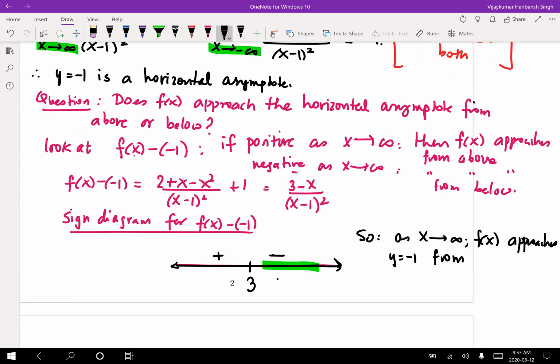Whereas as x goes to negative infinity, f of x approaches y equals negative 1 from above, because in this part it is positive. So this is a profiling of the horizontal asymptote.